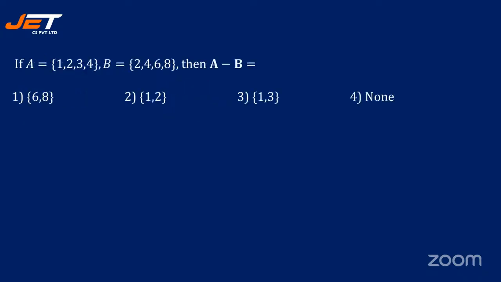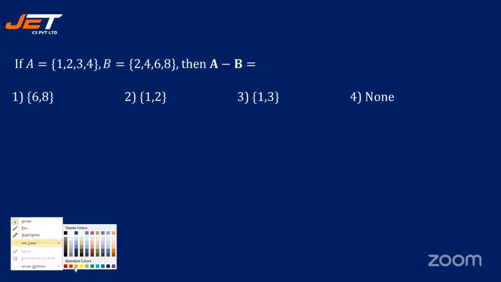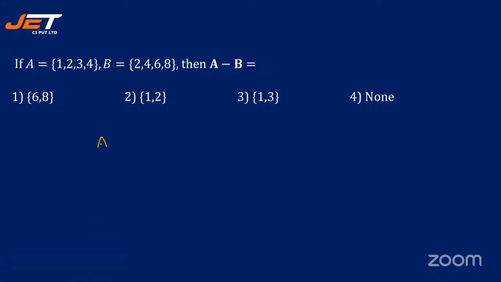If A = {1, 2, 3, 4} and B = {2, 4, 6, 8}, then what is A minus B? You should know what A minus B is.